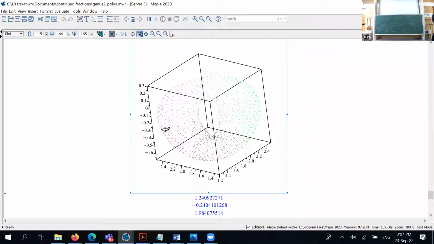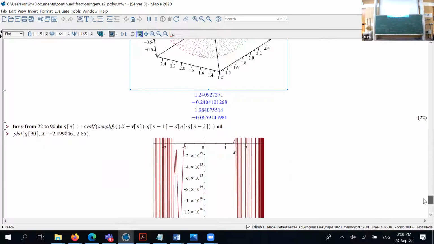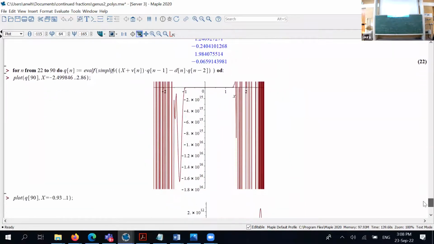So the polynomials in genus 2, I computed some polynomials in genus 2 where the sextic has 6 real roots, and this is the 90th polynomial.